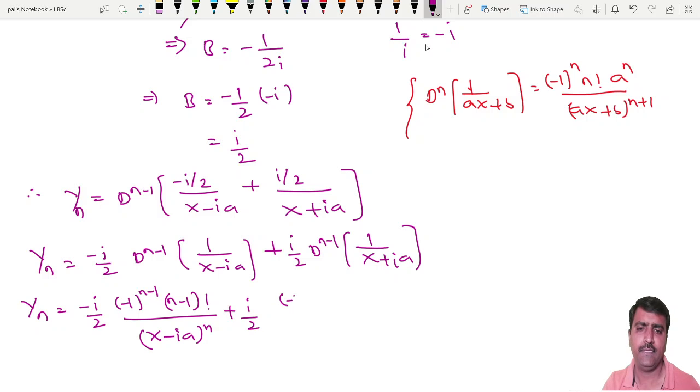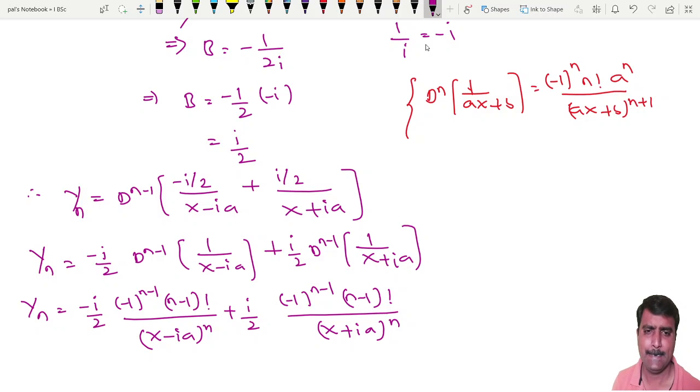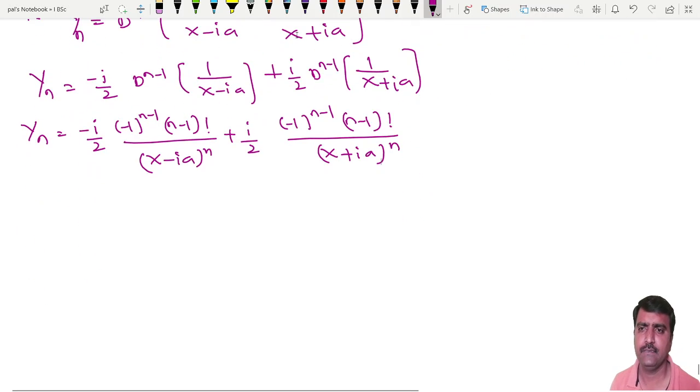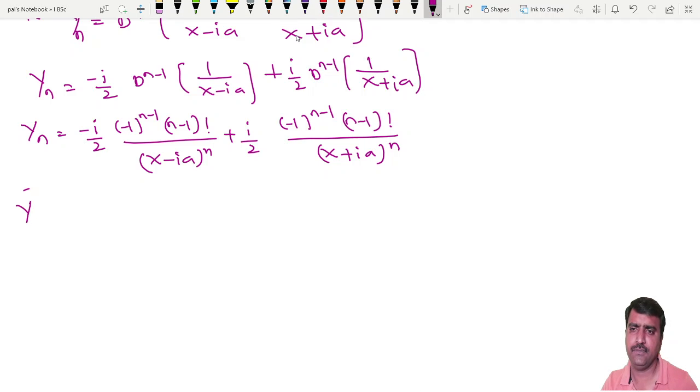Similarly here plus i by 2 into minus 1 to the power n minus 1, n minus 1 factorial by x plus ia to the power n. Or you write this one as the final simplified value: yn, that is the nth differentiation of tan inverse of x by a, is equal to, you take i by 2 as common factor, and minus 1 to the power n minus 1 into n minus 1 factorial is common factor.